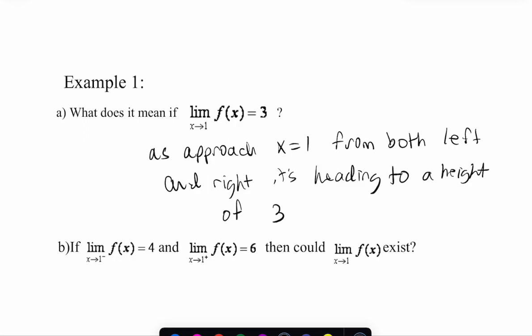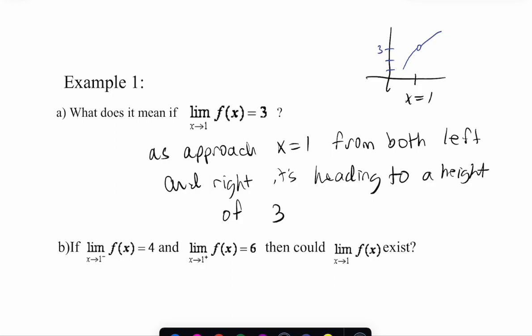That's all we know. If we looked at the graph when x equals 1, all we know is that the left side's heading to 3 and the right side's heading to 3. I don't know anything else. It might not be defined at that point. It may be defined. I don't know.